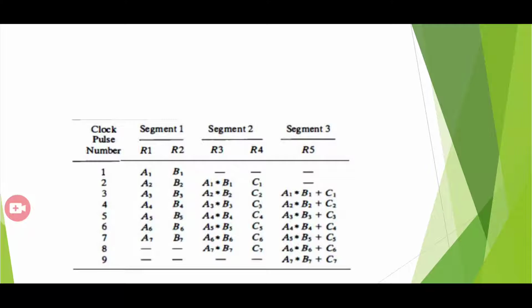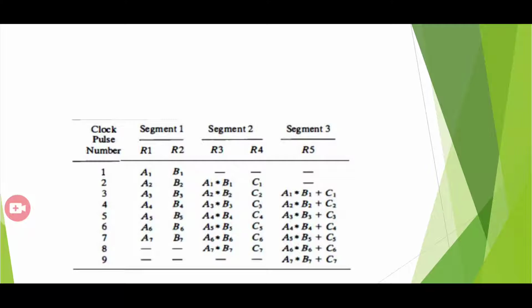First you have to divide it into a number of segments. You can use 3 segments here, because in the first segment you can input the content of A1 and B1 to R1 and R2. At that time segment 2 and segment 3 are not working. In the second clock pulse, A1 and B1 are present in R1 and R2, so they can be multiplied and stored into R3.